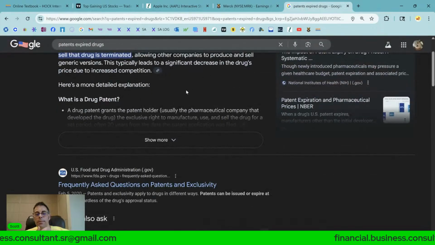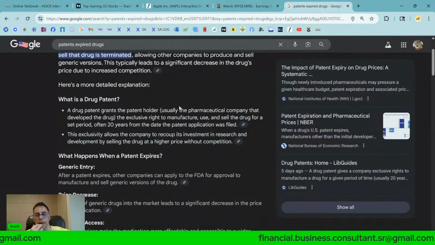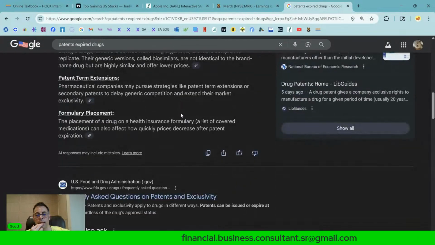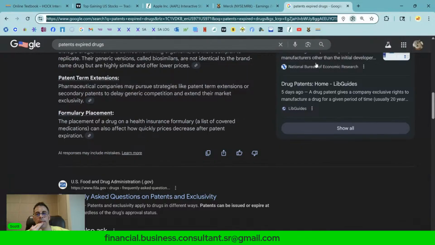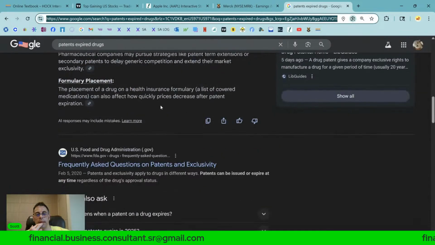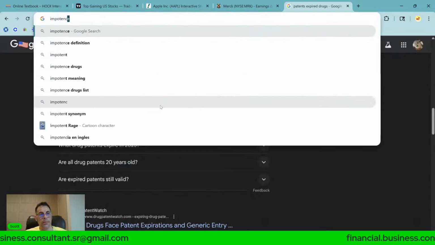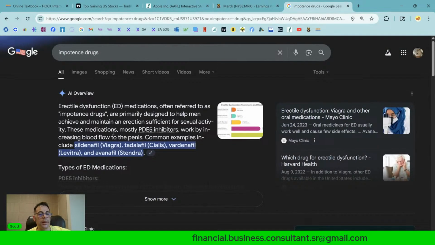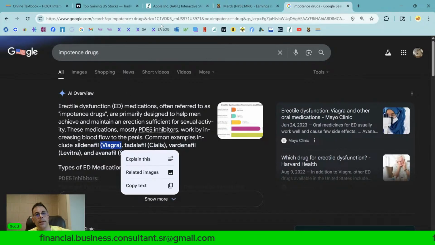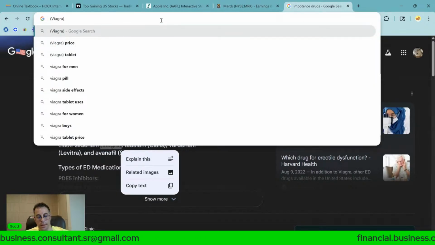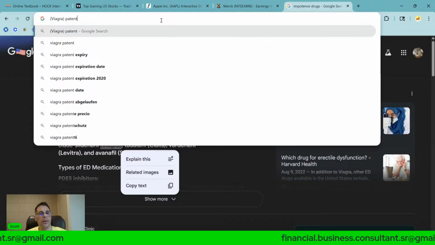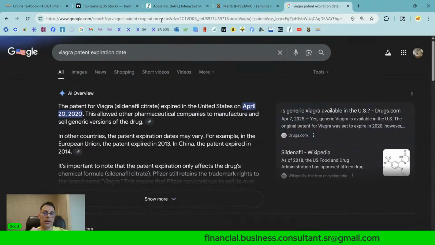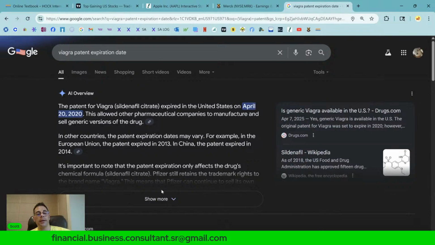Anybody know a good example of a drug that had a patent expire in the past few years? I think Viagra. Viagra.